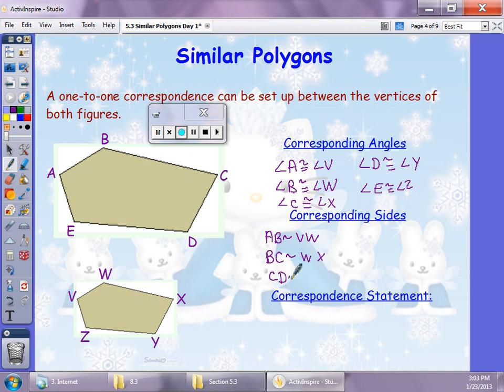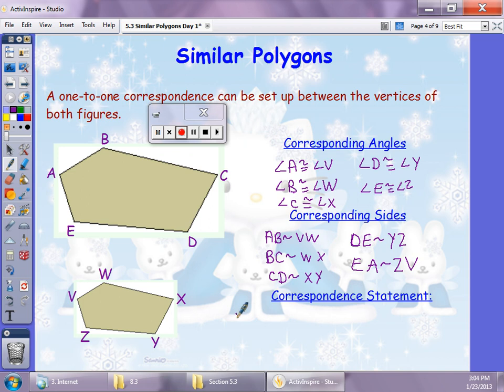CD is similar to XY. DE is similar to YZ. And lastly, EA is similar to ZV.